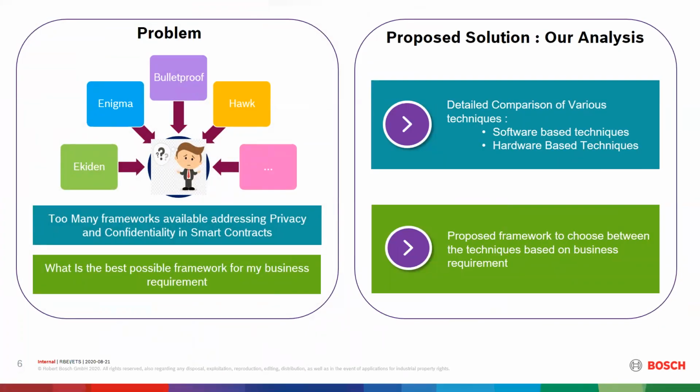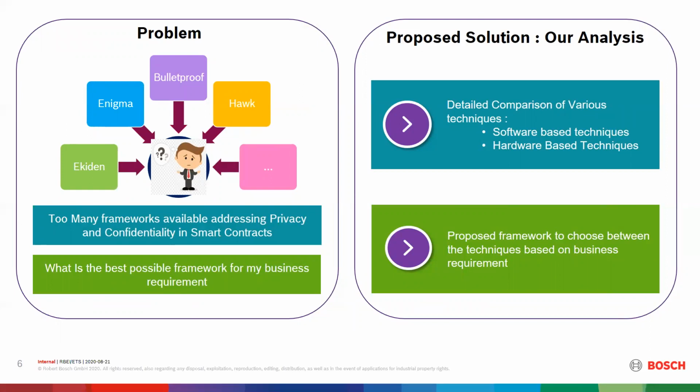What is the problem that we are trying to solve? There are too many frameworks available addressing privacy and confidentiality in smart contracts, because of which a customer with a particular business requirement is confused about which framework to choose. The second question is, what is the best possible framework for a given business use case?